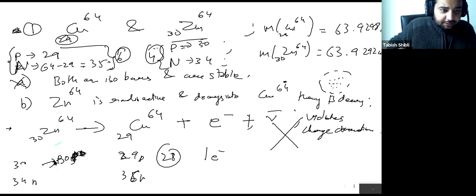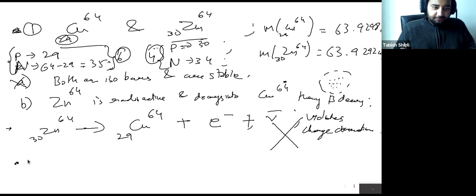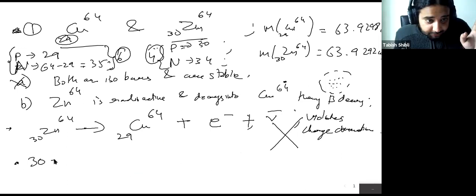Okay, so let's again just count the charges on the right hand side and on the left hand side. What is the charge on the left hand side? 30, right? Because there are 30 protons. Neutrons are neutral, so the charge will only be due to the protons. So you'll have 30 as the charge.